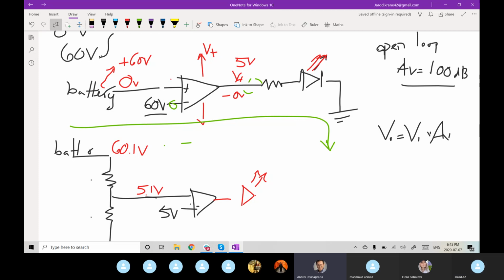Yeah, there are actual comparator ICs which are still basically an op amp, but specially made for rail to rail operation. But you are able to just take a normal op amp and force it to be a comparator.